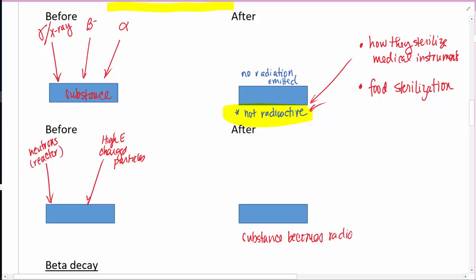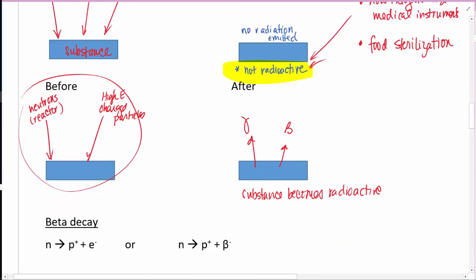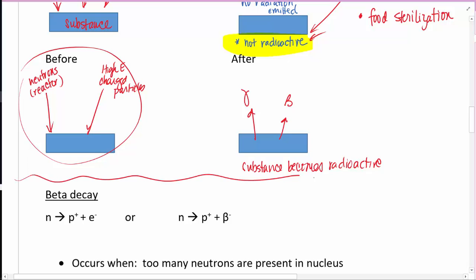And if it becomes radioactive, then perhaps it might now give off a gamma ray or a beta particle or an alpha particle. It depends what happened to it. So that's just really important. You have to really work hard to make something that wasn't radioactive become radioactive. I mean, putting something into the core of a nuclear reactor is not something that happens every day. So just be aware of that.